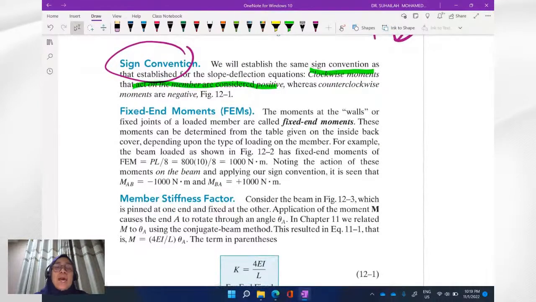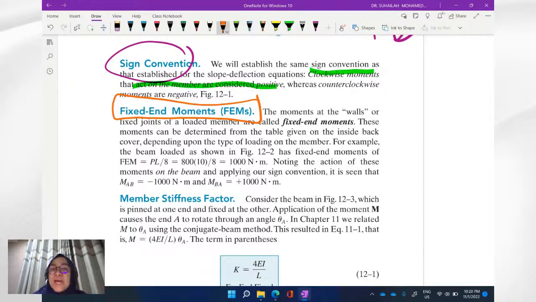The other term that you need to know is fixed end moment. You have used it in the stiffness matrix method. We need to refer to the same formula that we referred to previously. Remember, the direction that we get from the fixed end moment is actually the behavior, not the sign convention.